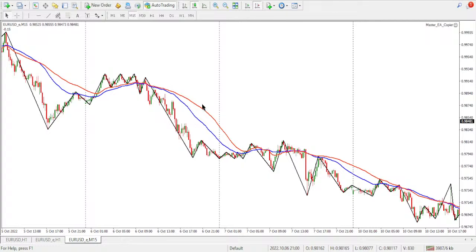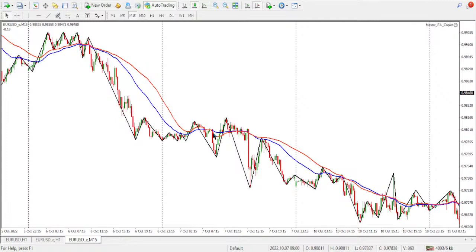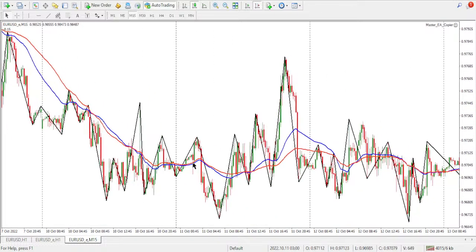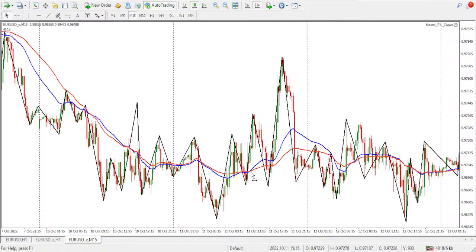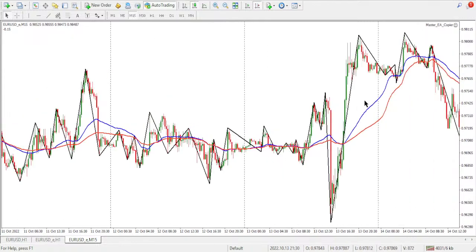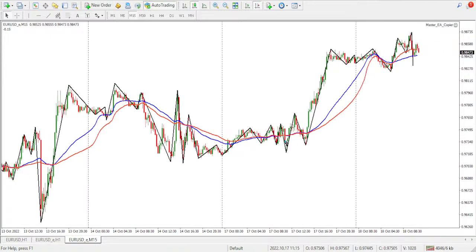Like in this case, we have a downtrend from this point up to the point where they changed, and then it had another change here. Then an uptrend, then some downtrend, uptrend there.